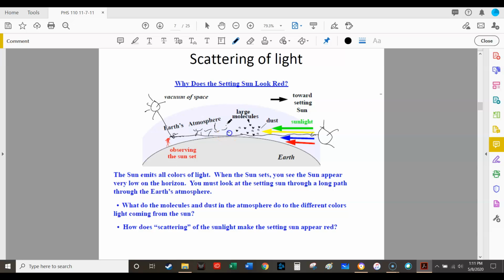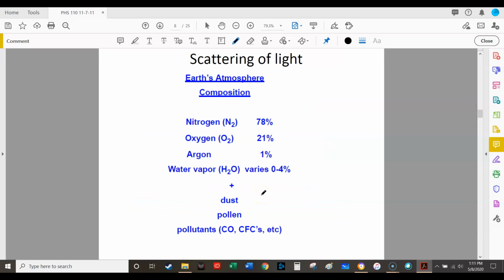So the chance that that light is going to hit something is very high. Here it is very low. So that's how scattering is working.